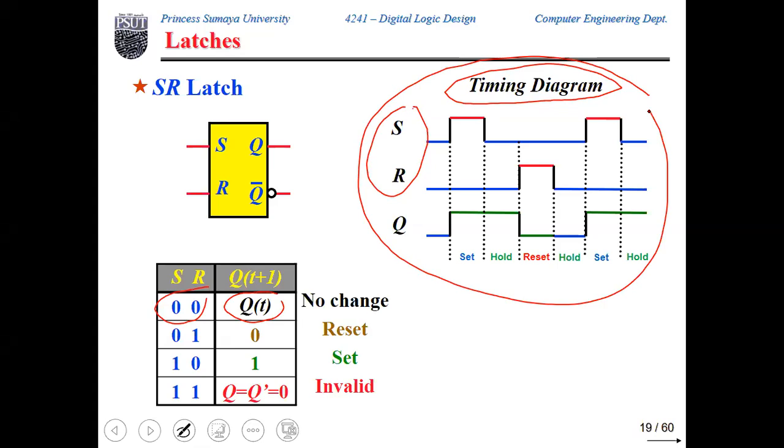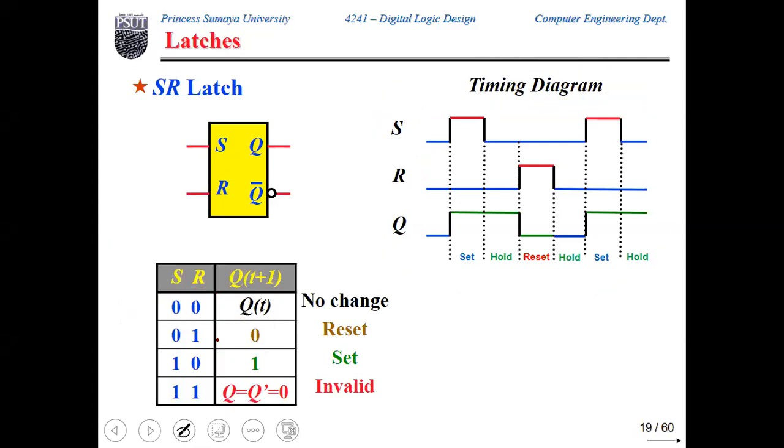Now, before we go, I want to stress this. What makes latches a special type of storage element is that all latches allow the stored value to change as soon as the input changes, without any synchronization with external time or a timing signal.